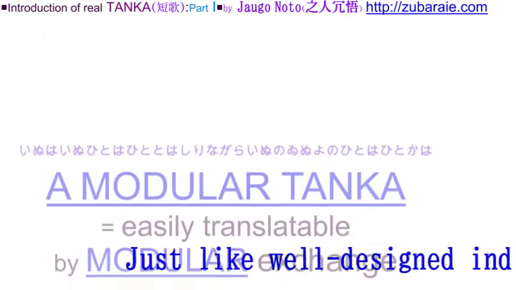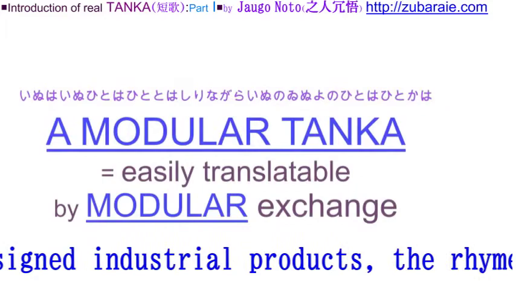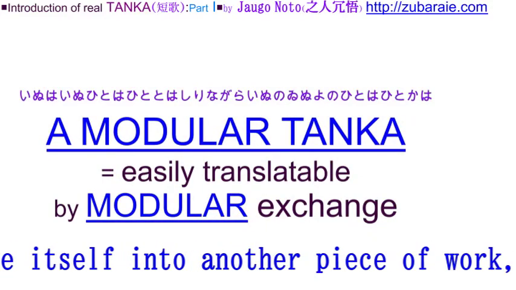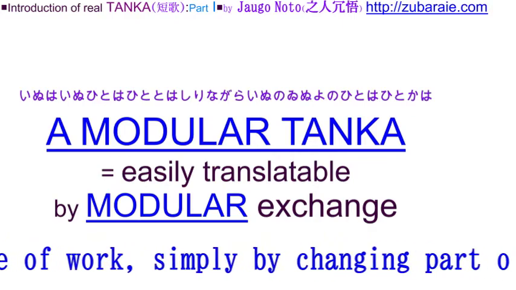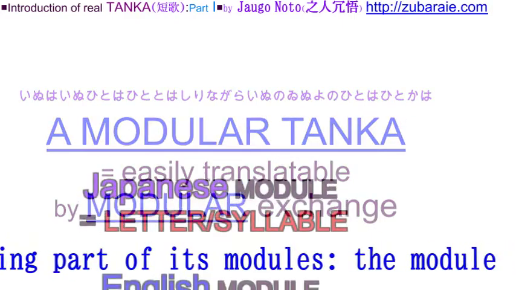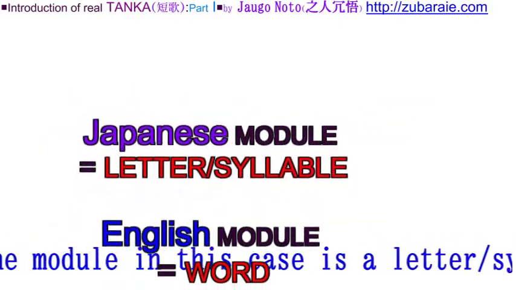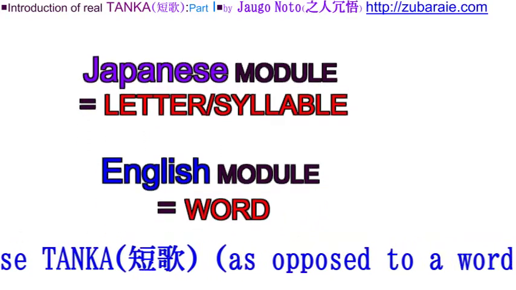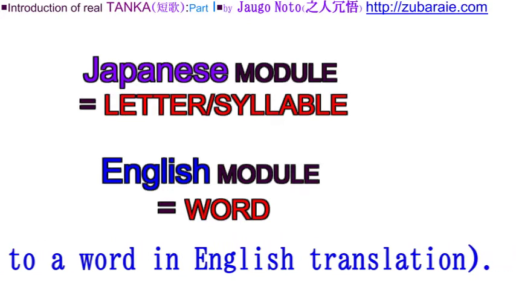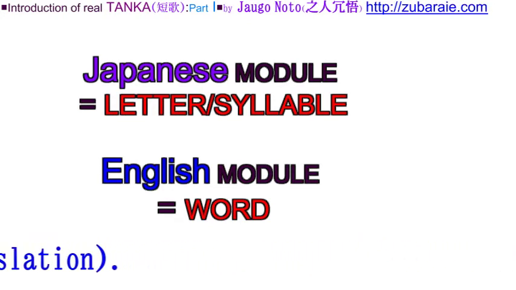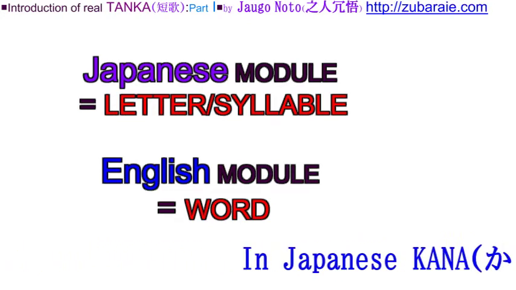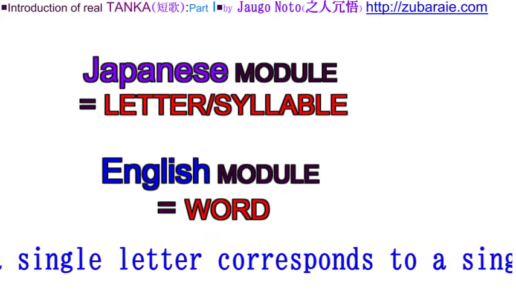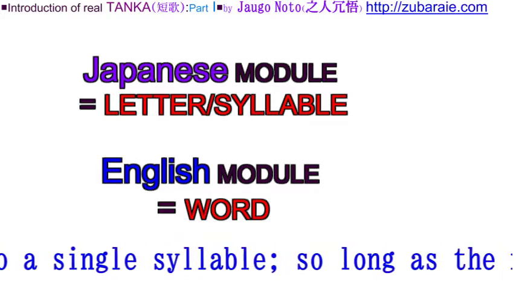Just like well-designed industrial products, the rhyme above can change itself into another piece of work simply by changing part of its modules. The module, in this case, is a letter and syllable in Japanese tanka, as opposed to a word in English translation. In the Japanese kana writing system, a single letter corresponds to a single syllable.